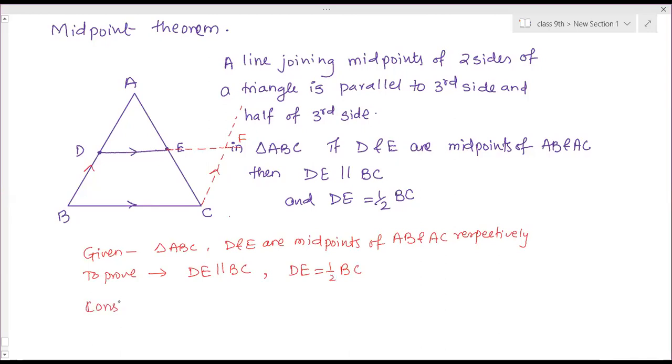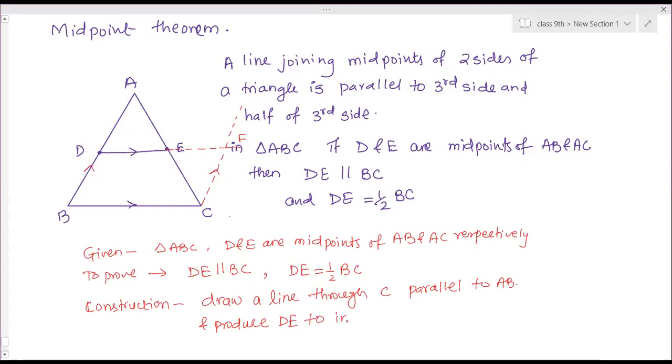For this construction, draw a line through C parallel to AB and produce DE to intersect that line at F.